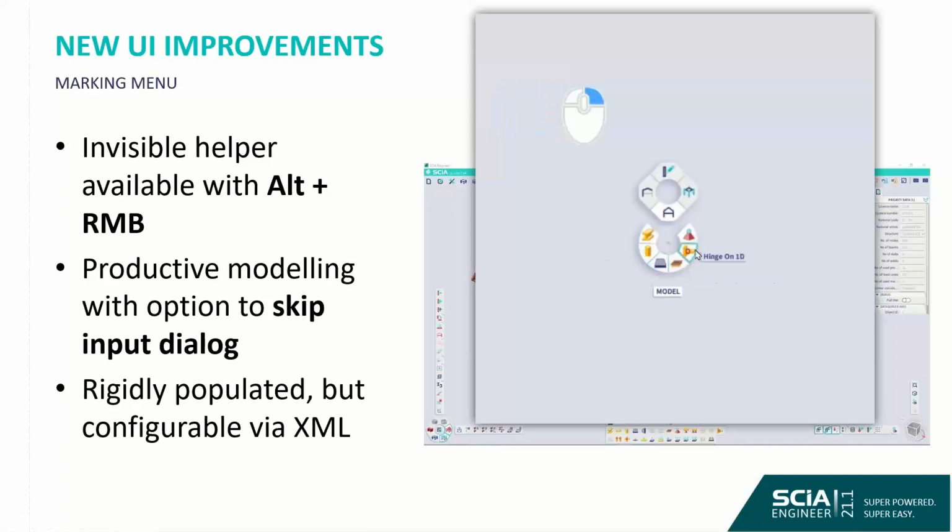So the marking menu has separate areas based on a topic. So we have structure, load, modification, and also visibility that can hide selected or unselected. If I run the command, I can model right away.